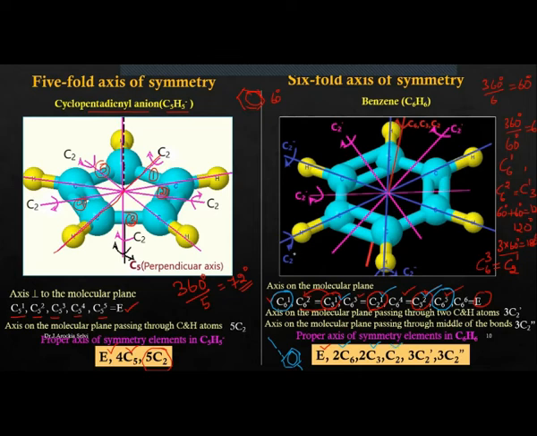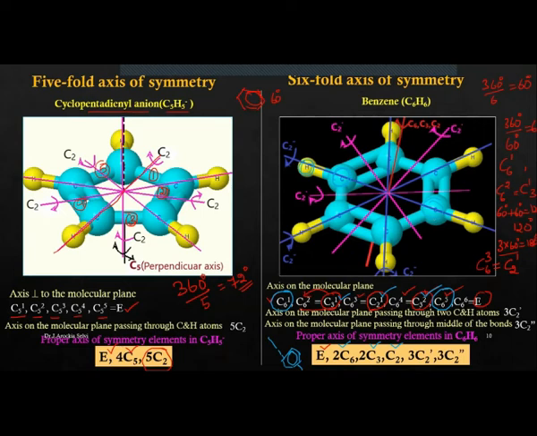Any other possibility apart from that? So far, the rotational axis is perpendicular to the plane. And one more possibility is that the rotational axis will be in the plane of the molecule in possible ways, and rotation is done. So what are they? The axis passing through carbon and hydrogen and through the opposite carbon and hydrogen, meaning opposite corner atoms.